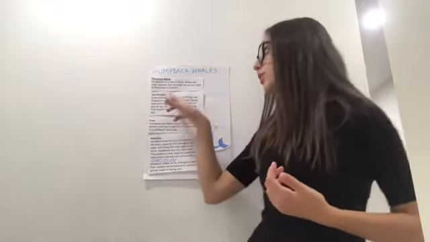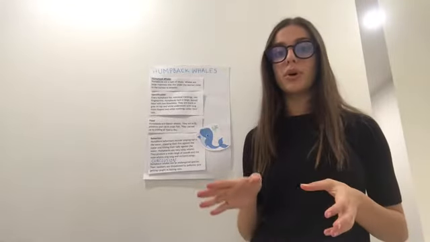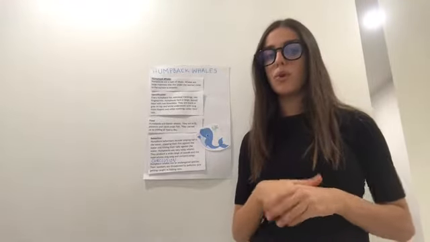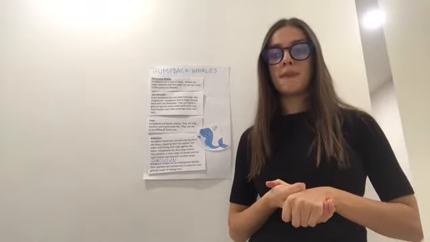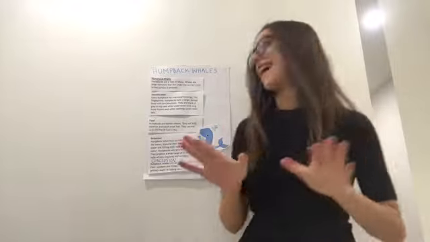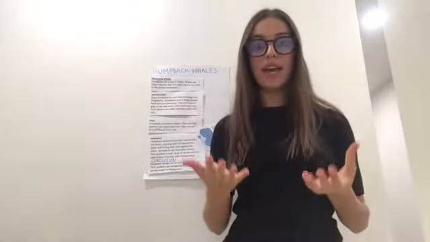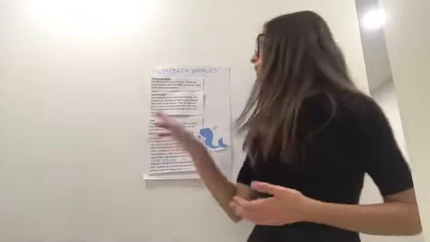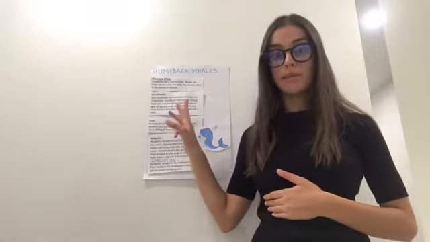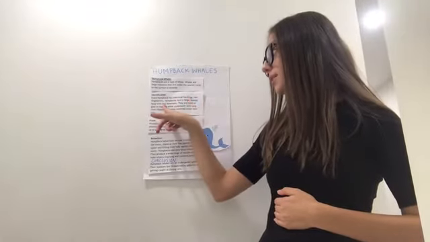So moving on to the identification. Now this is a really big word. Does anybody know what the identification is and what it means? No? Okay, that's okay. So the identification is identifying the animal. When you identify something, you're basically telling us what it looks like. So the identification of a humpback whale is it has individual markings like fingerprints.